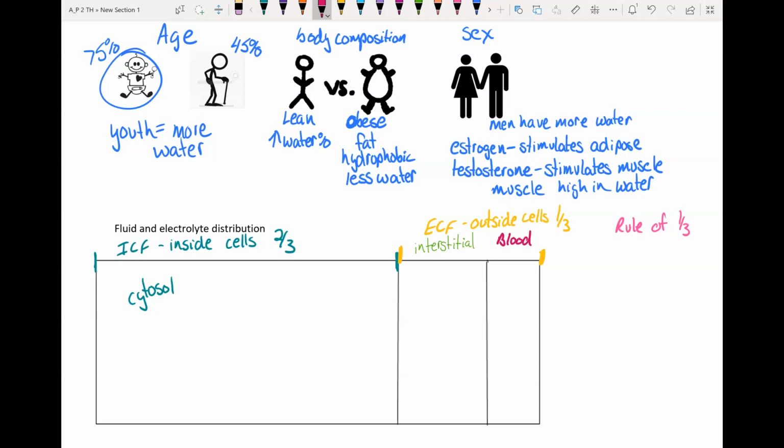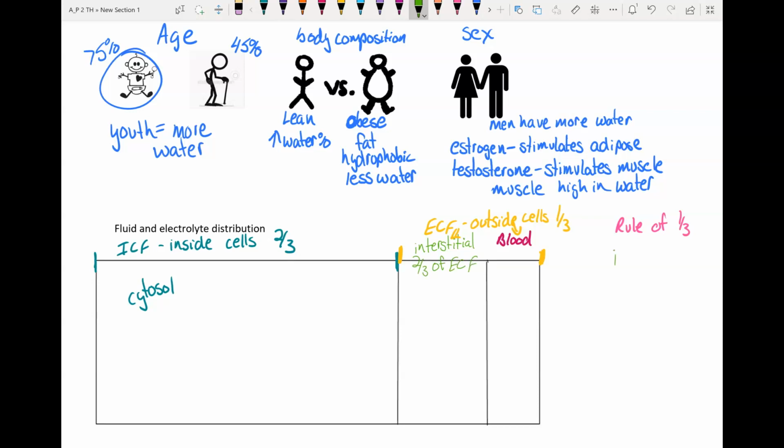If we look at how ECF is divided up between interstitial and blood, so keep in mind here, interstitial and blood are the two parts of ECF. Interstitial is 2/3 of ECF. So it's 2/3 of extracellular.